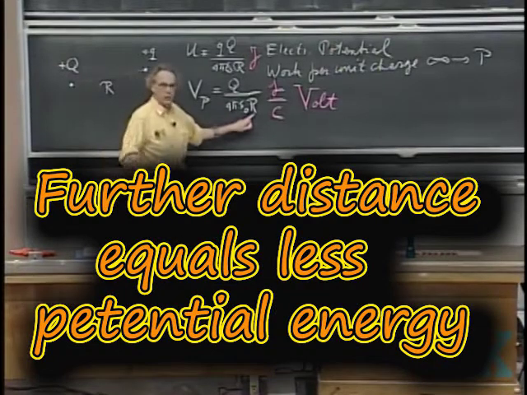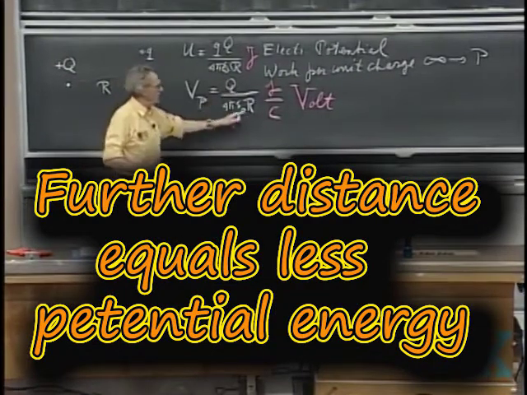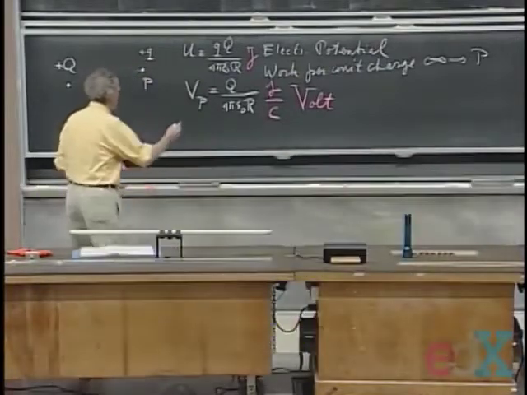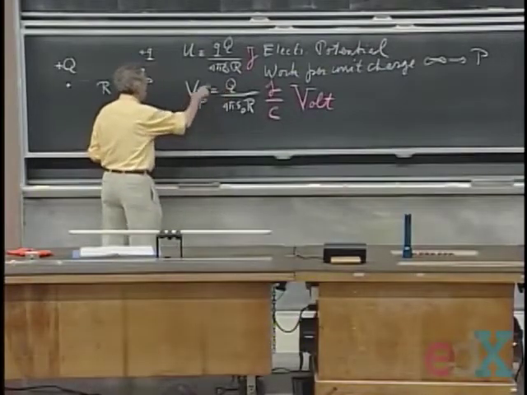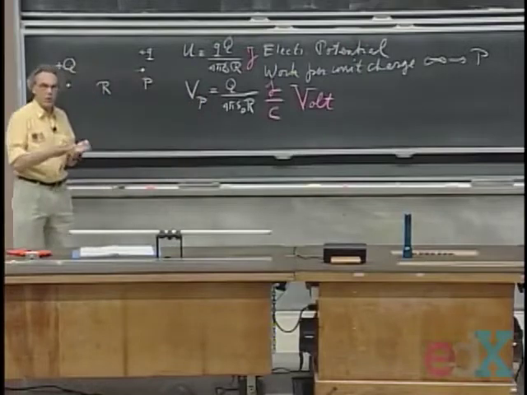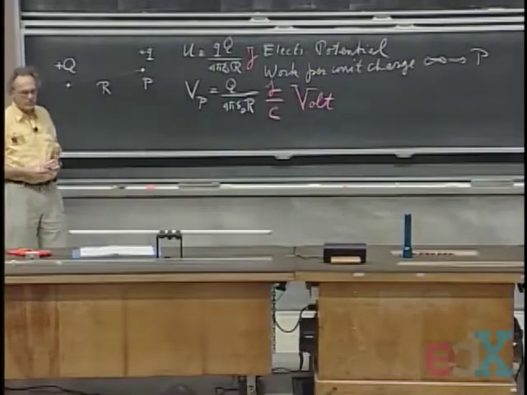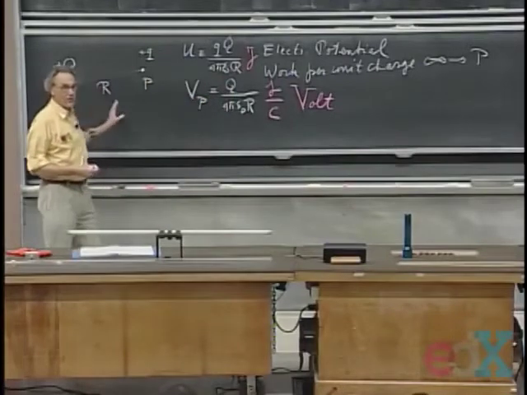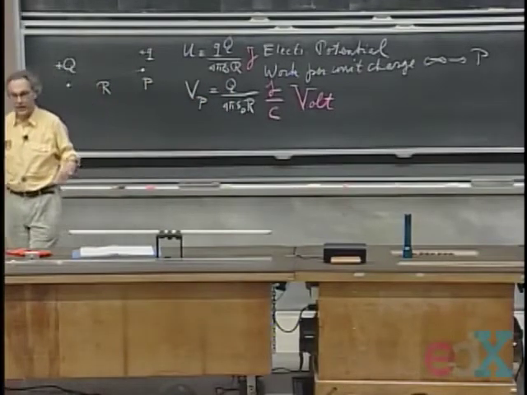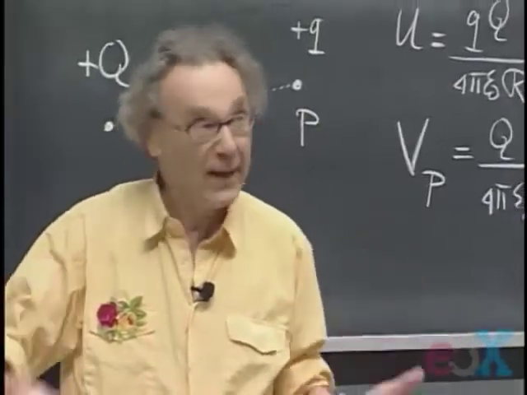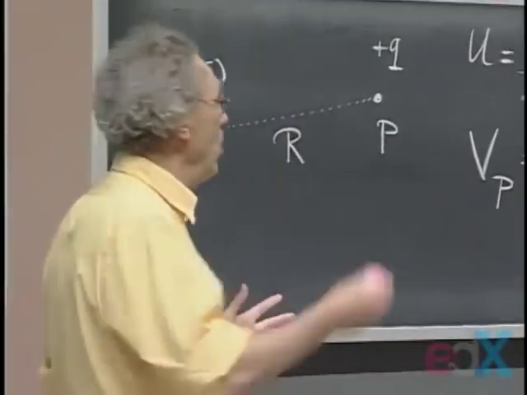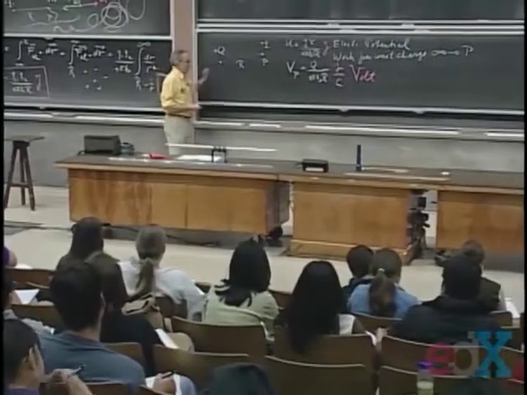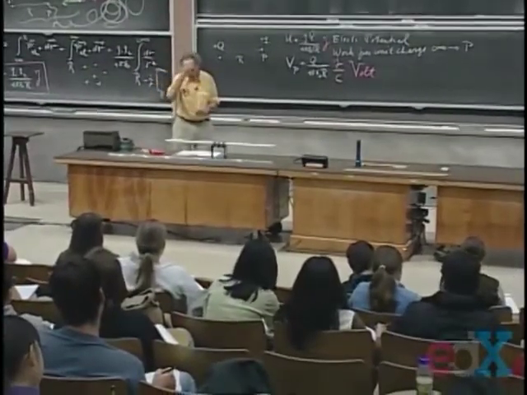If R goes up, if you're further away, the potential will become lower. If this Q is positive, the potential is everywhere in space positive for a single charge. If this Q is negative, everywhere in space the potential is negative. Electrostatic potential can be negative. The work that I do per unit charge coming from infinity would be negative, if that's a negative charge.